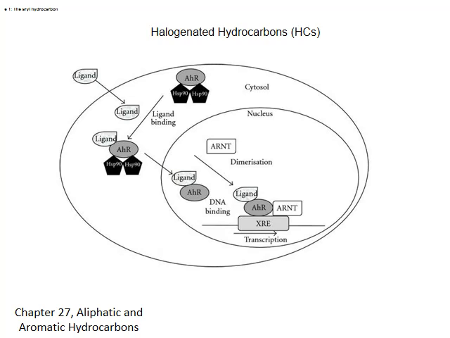And it associates with a third protein called ARNT. ARNT stands for AH receptor nuclear translocator. So the ligand bound to AH receptor and bound to ARNT sit down on a xenobiotic response element, which is a region of the gene, the promoter region, that is now going to result in transcription of the gene immediately proximal to it.